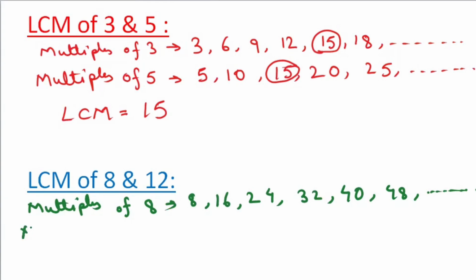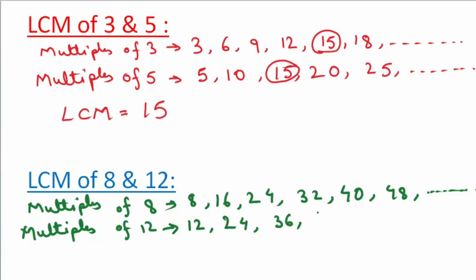And then we have to find the multiples of 12. What are the multiples of 12? 12, 24, 36, 48. We go like that.